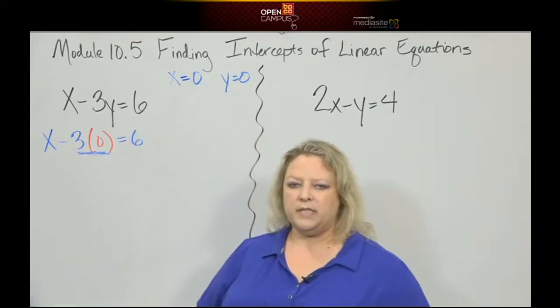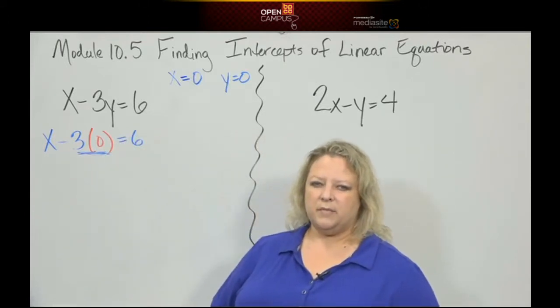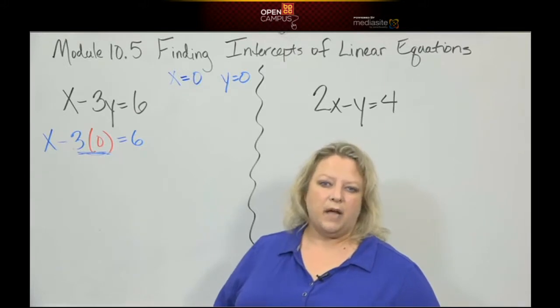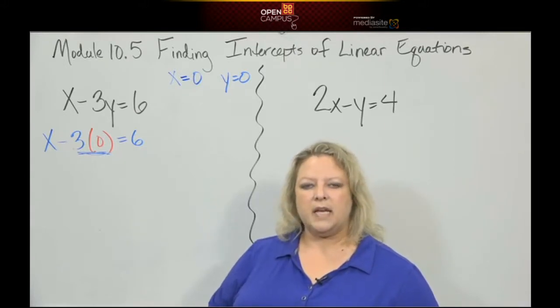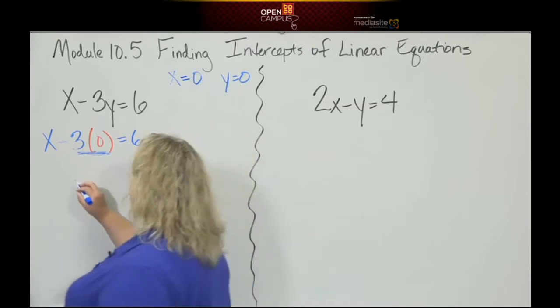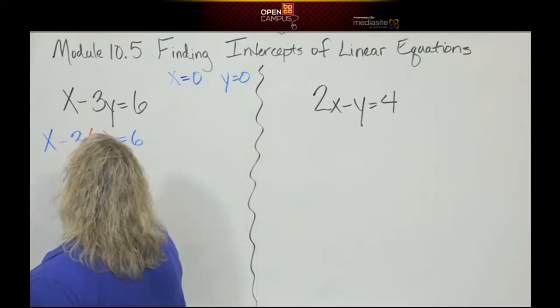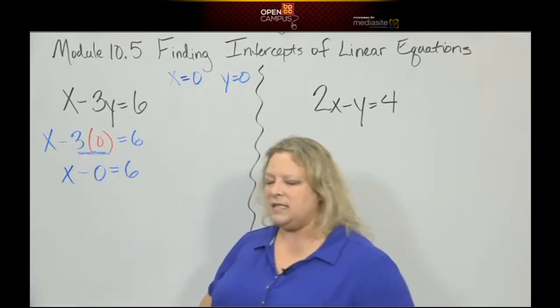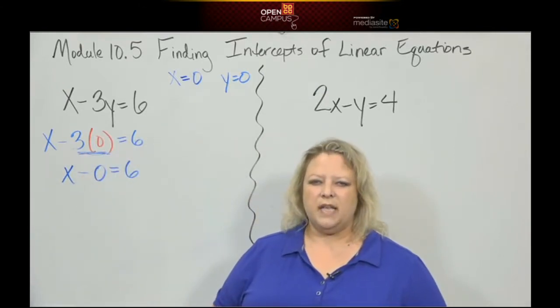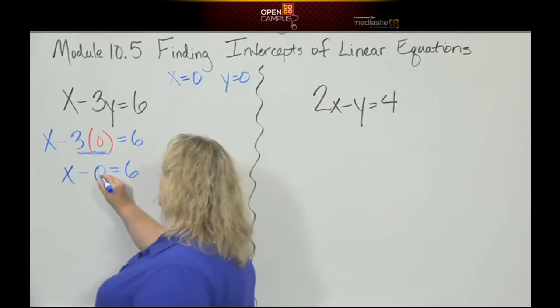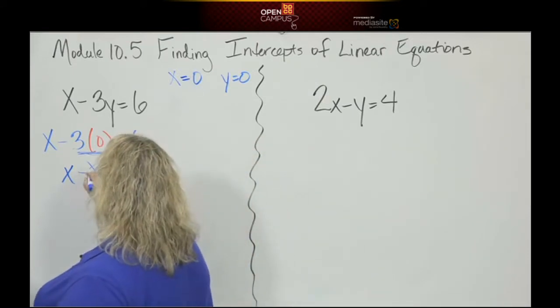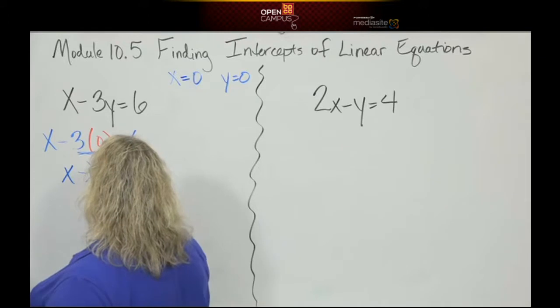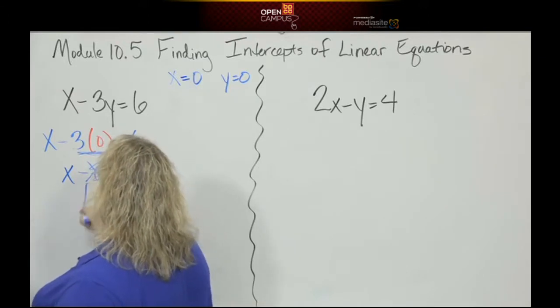Negative 3 times 0. What's 0 times anything? The zero property says that any number times 0 is 0. So that would be x minus 0 is equal to 6. Well, x minus 0, do you really need that? No, you don't. So you could just scribble that out and write x is equal to 6.